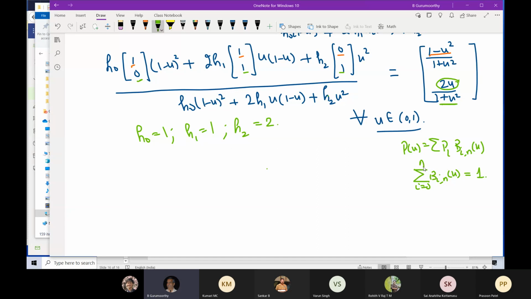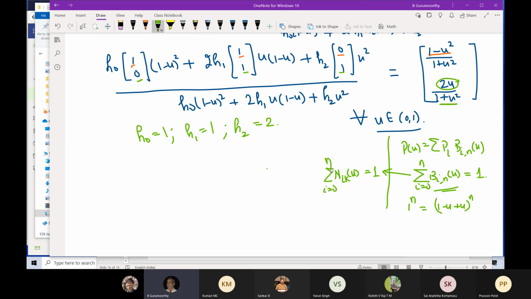We showed this by the fact that 1 power n is equal to 1, and I can write this 1 power n as (1 minus u plus u) power n, and this is nothing but the summation of these binomial coefficients, and therefore the basis functions add up to 1. Now, we can show the same thing for the spline also, but just by taking refuge in the fact that the spline is a particular general case of the Bezier, I will state this: Nik of u is also equal to 1 for i equals 0 to n.